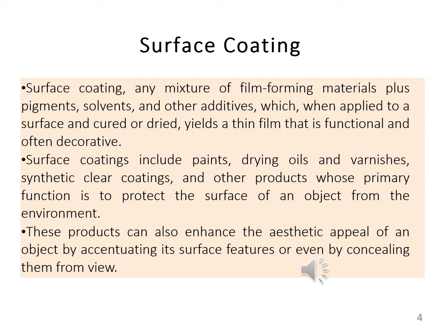So, by using the surface coating materials and pigments, solvents and other additives, when these mixtures are applied to the surface and then cured and dried, after drying, these materials yield a thin film and this thin film is functional and often decorative.